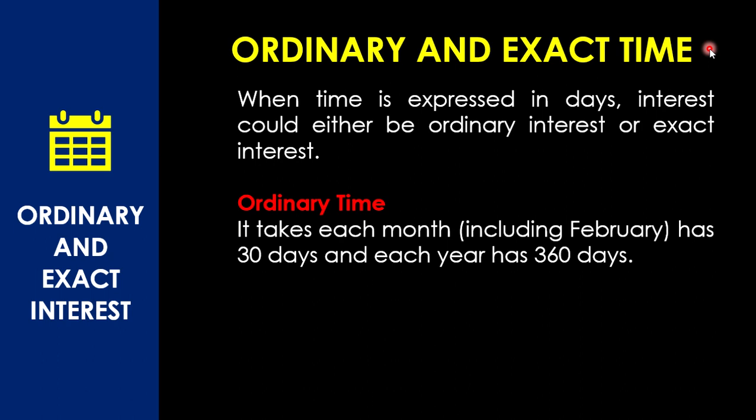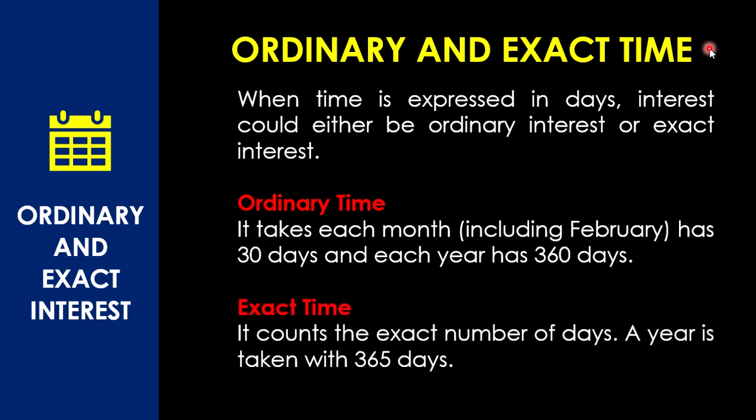So 30 times 12 is 360 days. So in total, we have 360 days for the ordinary time. And then we have the exact time, which is the actual date, and we have a total of 365 days.